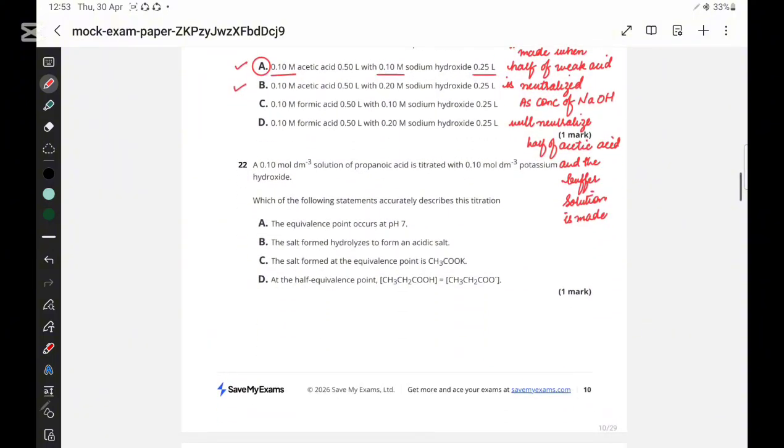For the next question, they are saying a 0.10 molar dm³ solution of propanoic acid is titrated with 0.1 molar dm³ potassium hydroxide. So what is the half equivalence point?